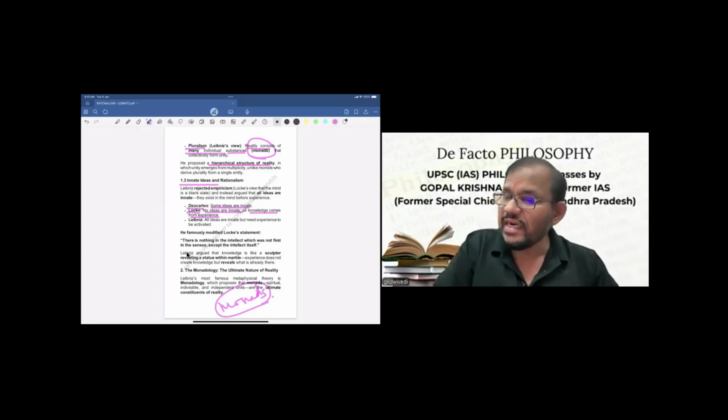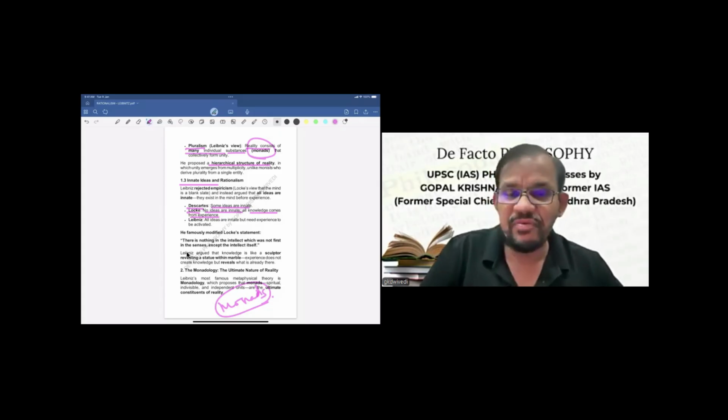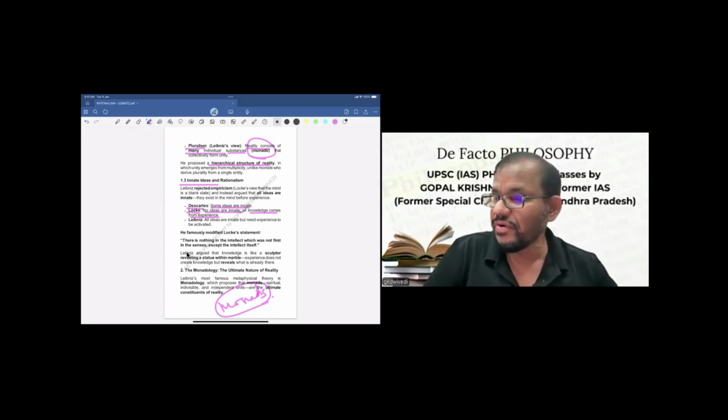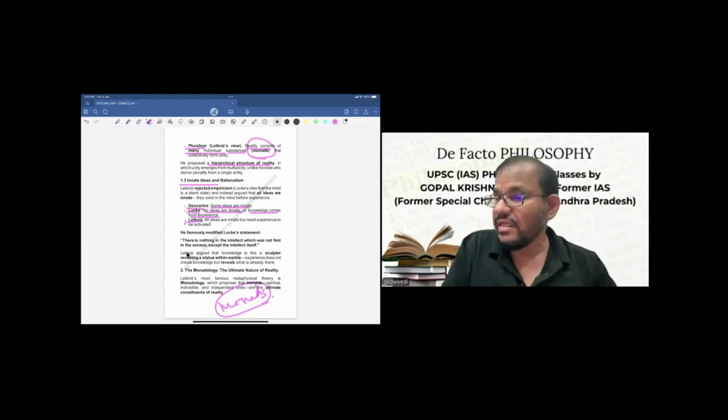Now, incidentally, time-wise, after Locke, Leibniz was there. So Leibniz saw Locke's philosophy, and Leibniz has said that all ideas are innate but need experience to be activated. So Descartes: some ideas are innate. Locke: no ideas are innate. And Leibniz: all ideas are innate but need experience to be activated.